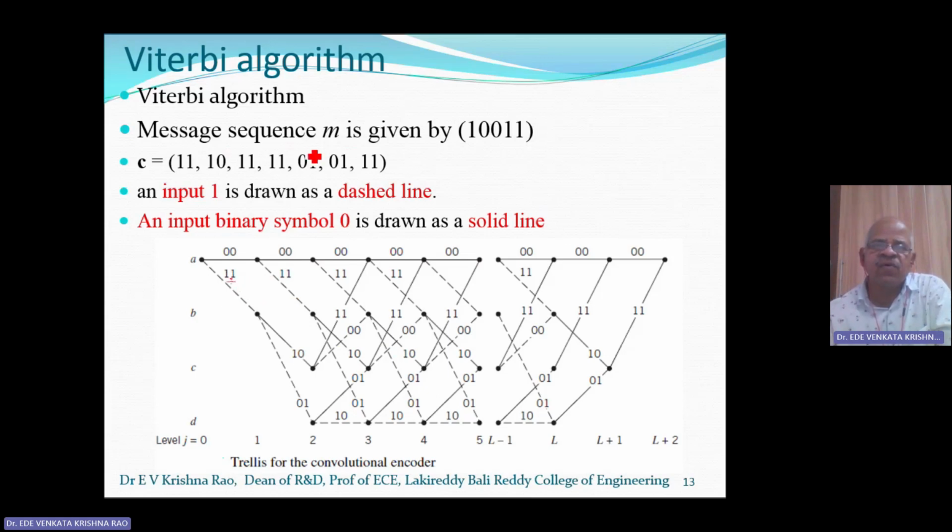If the code output is received this way, you can take the path 1, 1, 1, 0, 1, 1, 1, 1, and 0, 1, 0, 1.